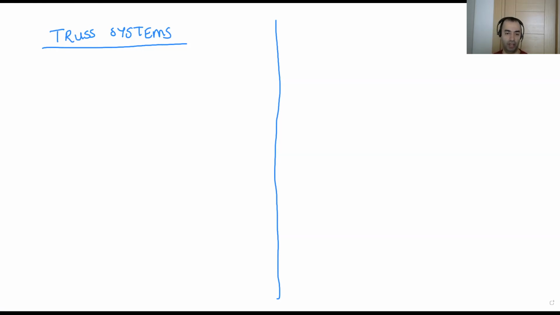Why are we using this truss system? Okay, if we are running a large distance, we have to use a beam. So a solid beam, for example. As an engineer, we have to do our designs in an economical way.